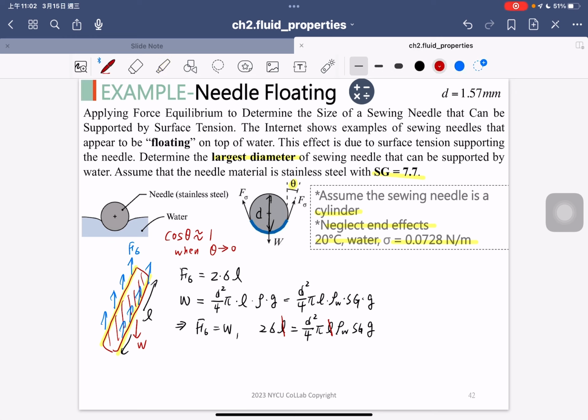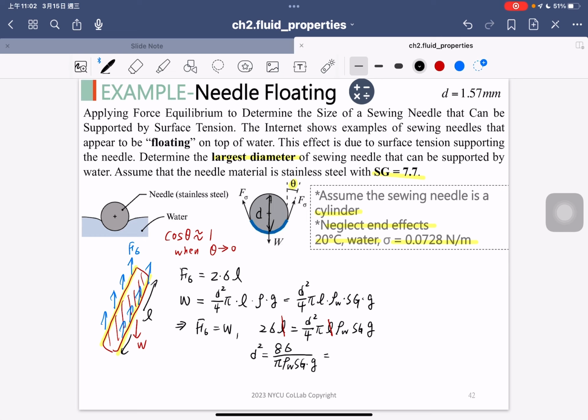So we have only one unknown parameter here: D squared will equal 8 times sigma, divided by pi times rho w times SG times gravity.